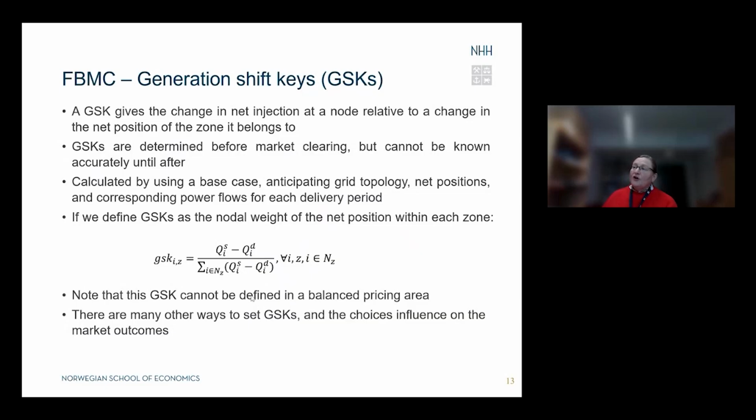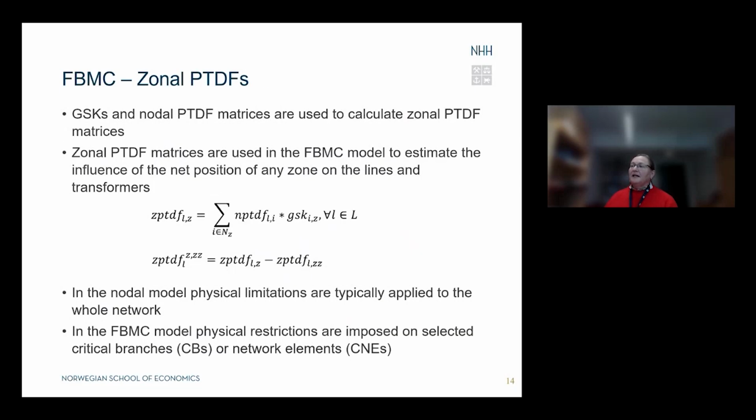So when we have decided these GSKs, we can compute these zonal PTDFs. And what we do is just to weight the GSKs by the nodal PTDFs in order to calculate a zonal PTDF.